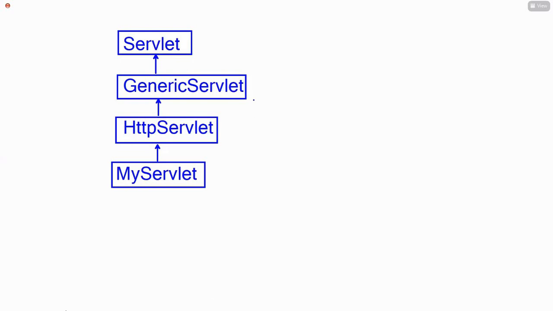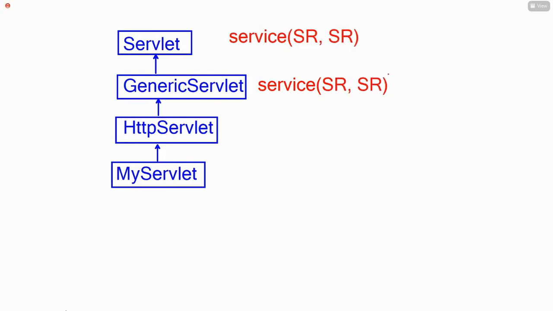Now, service is available here, taking ServletRequest and ServletResponse. Here also, that service only. But it is abstract. I'm just writing a semicolon, that means abstract. But in HttpServlet, it is non-abstract, concrete.